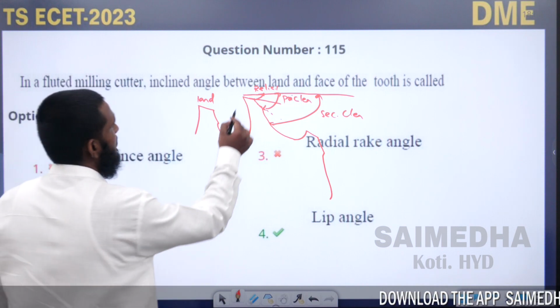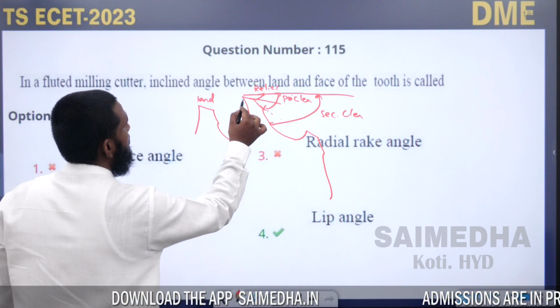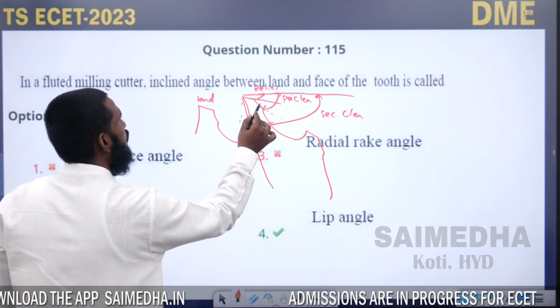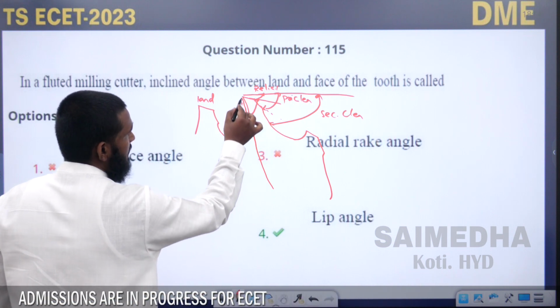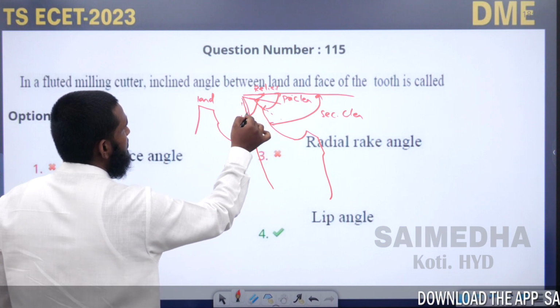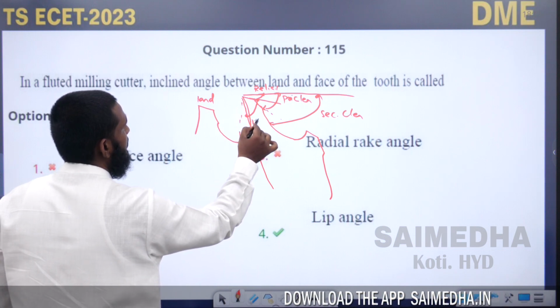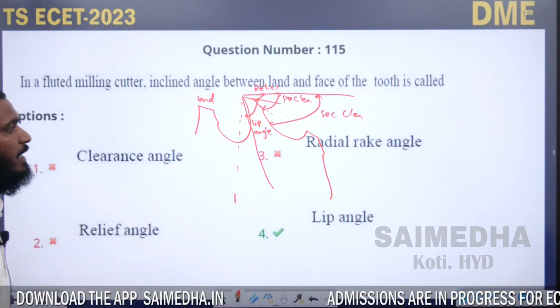Now, with this concept, from the land to the face, this is a face we have taken, and this is a land part we have taken. The angle between this land and the face we are calling the lip angle.